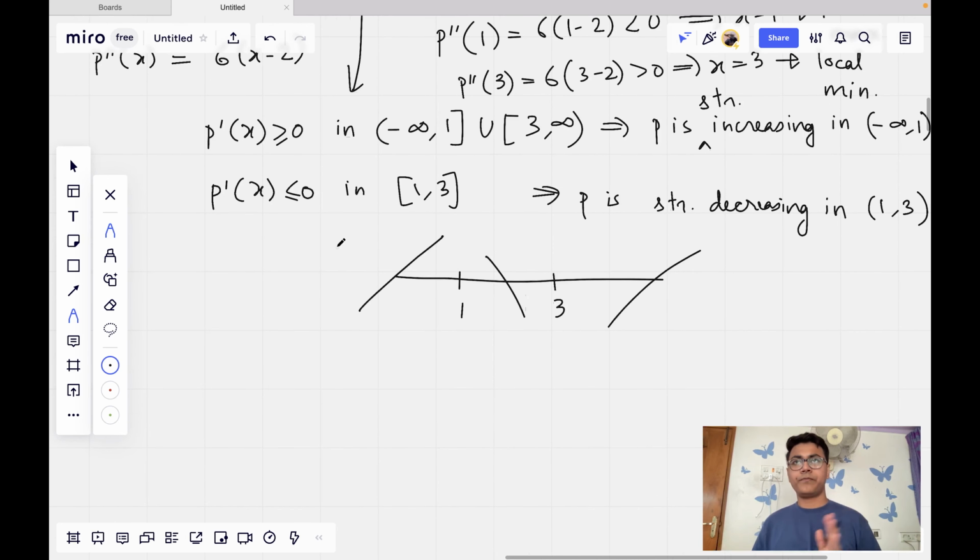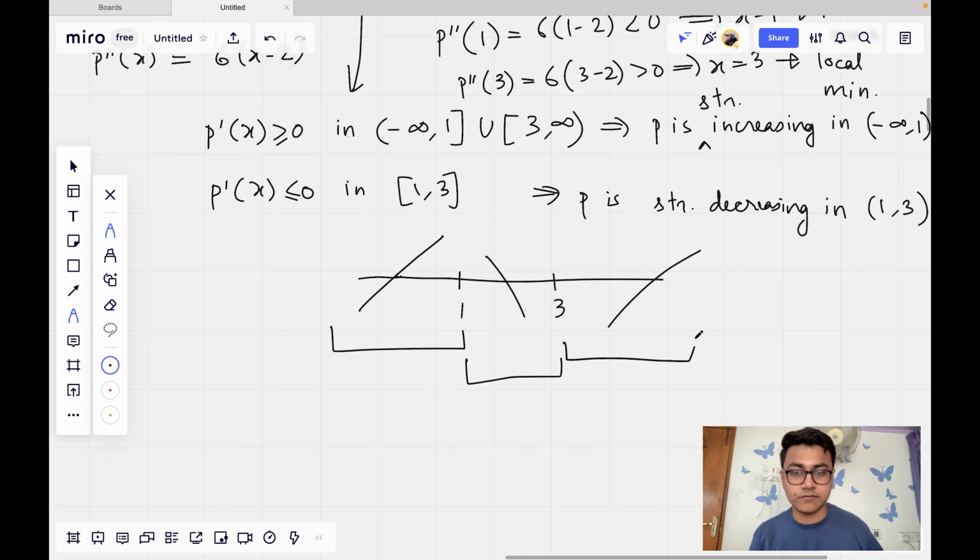Now P is a cubic polynomial, so it has 3 roots, and the 3 roots are A, B, and C. 3 distinct roots: A less than B less than C. And the polynomial P can have at most 1 root in each of these 3 intervals, where I mean plus and minus infinity at the ends.